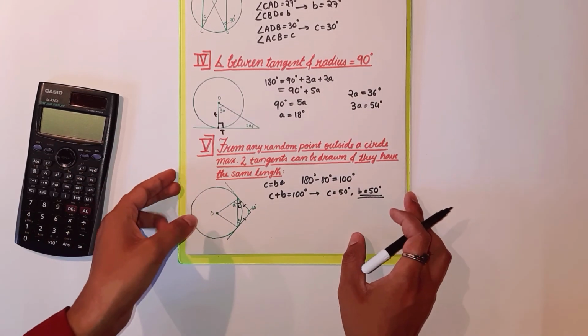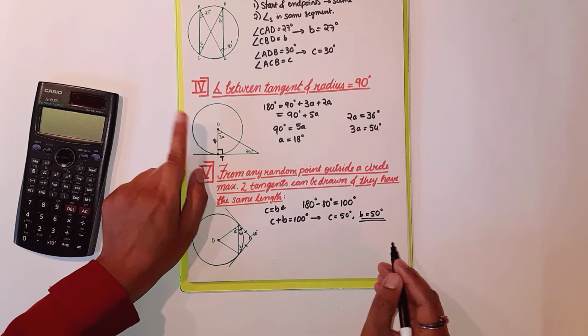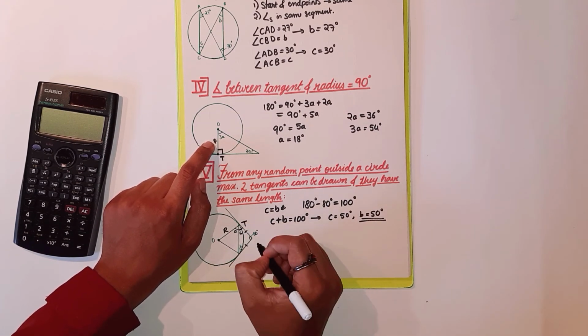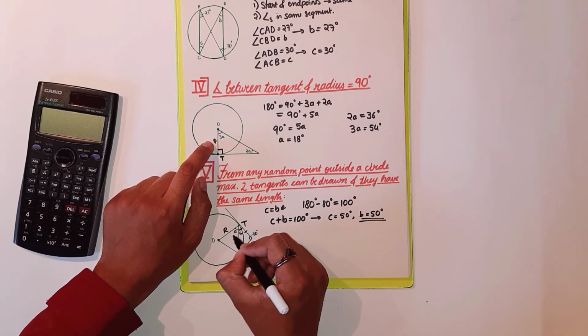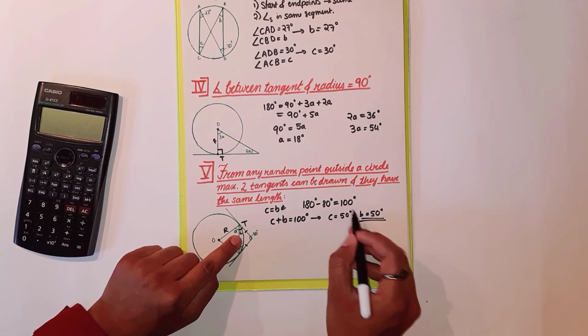And to calculate A, we're going to use this rule over here. We can see that this is the radius. Here we have a tangent. This line over here is the tangent, this is the radius. And so the angle between them is going to be 90 degrees. We already know C, which is 50 degrees.